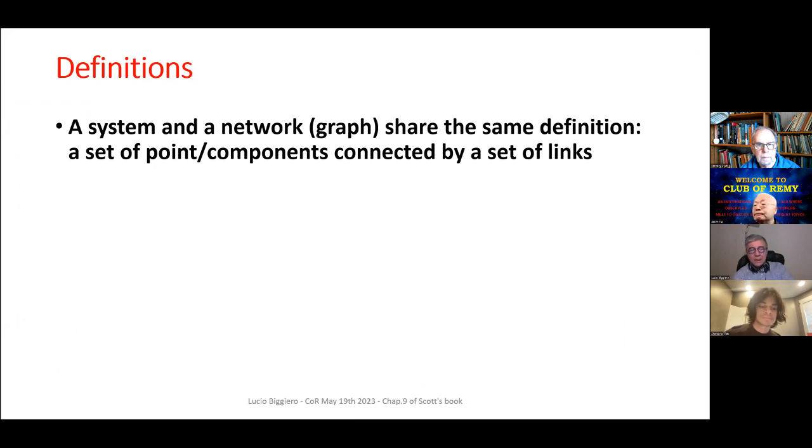Let's say social networks mean networks made by social entities, made by individuals or organizations in this sense. So not necessarily what is meant by social networks now in common language. Okay, so let's look first at the definitions.